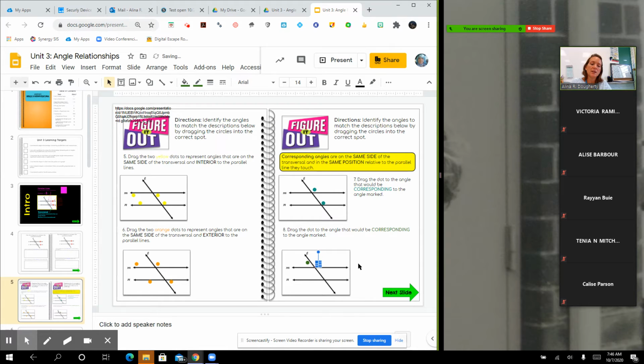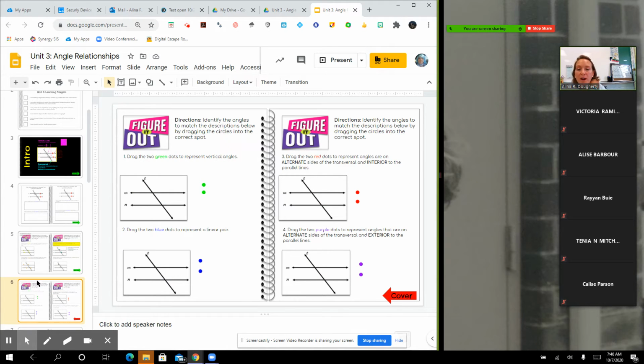So notice that when it slides down the transversal, boom. Oops, I went too far. We've got an acute angle sliding down on top of an acute, or an obtuse angle sliding down on top of an obtuse. Questions on that?